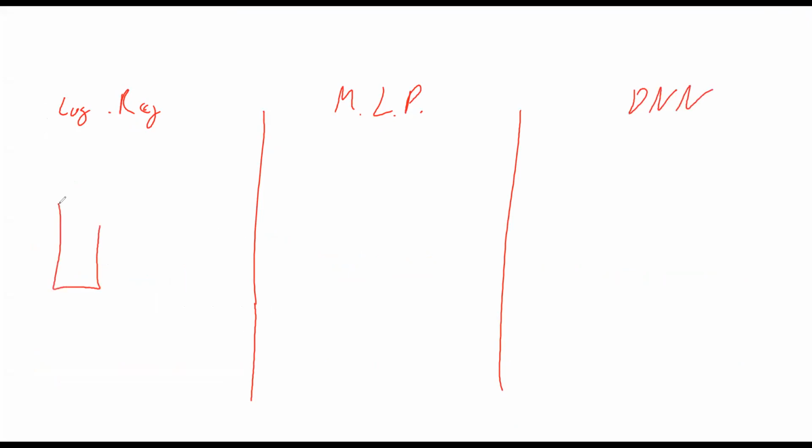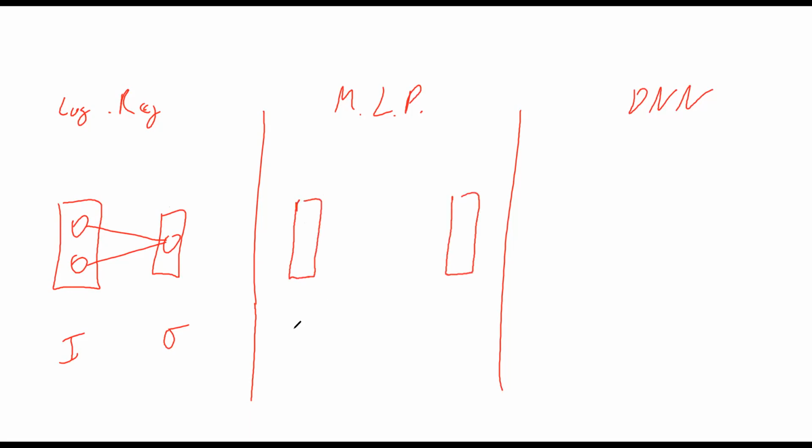This one is just very simple, just like that. So that's our logistic regression: 2 inputs and 1 output, because we're not doing it one-hot encoded here, but we could if we wanted to. So let's go back. This is what we're doing, 2 by 1.